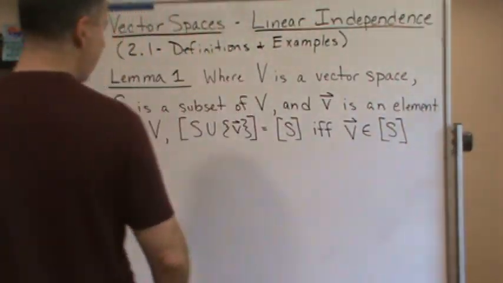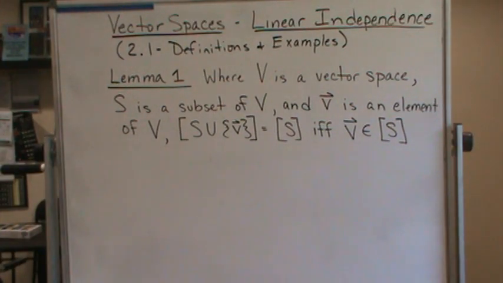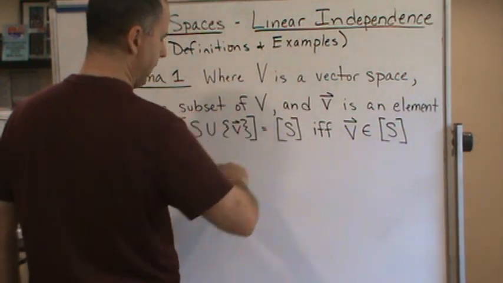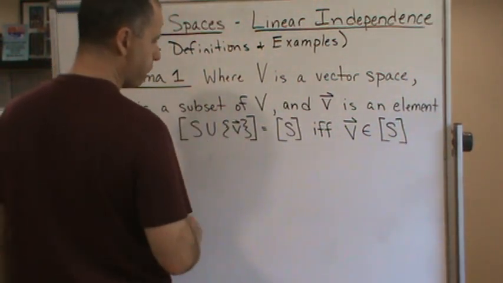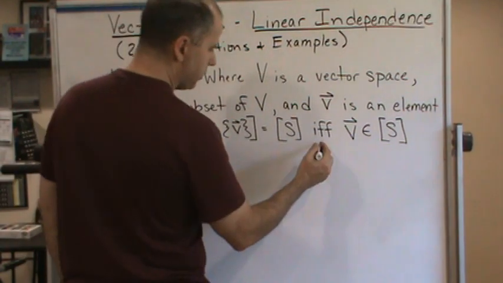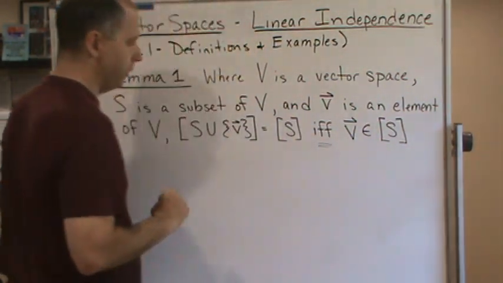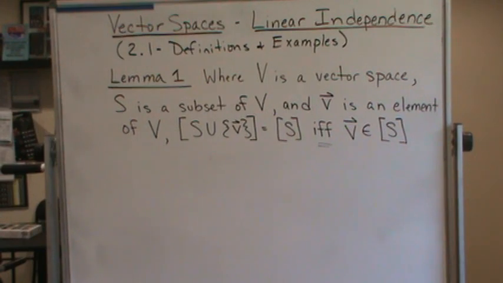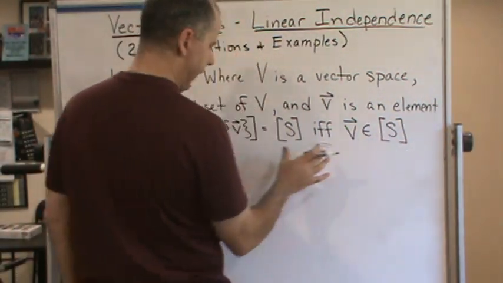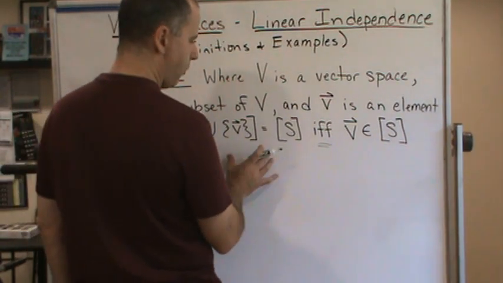Okay? So now one way is easy. We have to show it's true both ways. In order to show that these two are equal, we're going to have to show that it's if and only if, right? So we can go this way, and then we'll have to show it the other way.